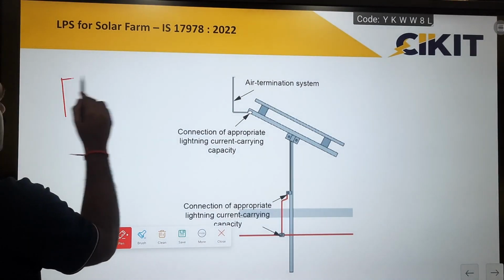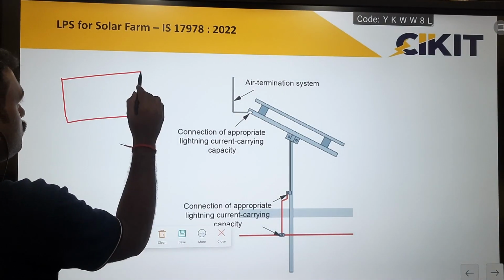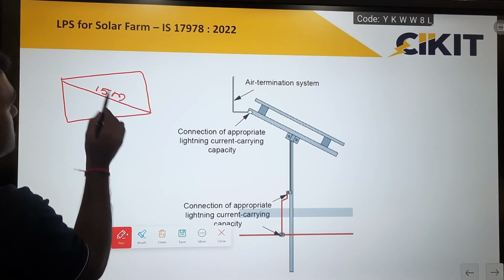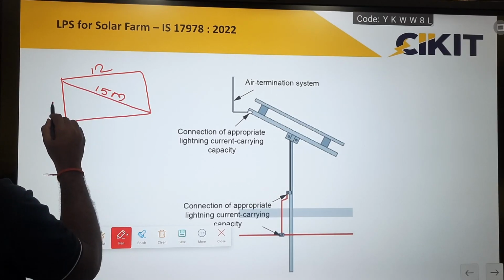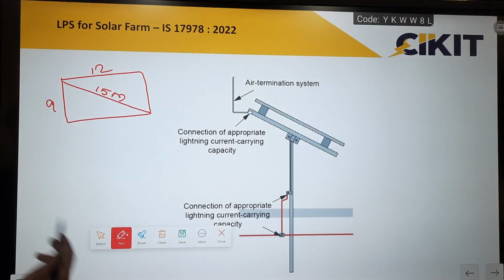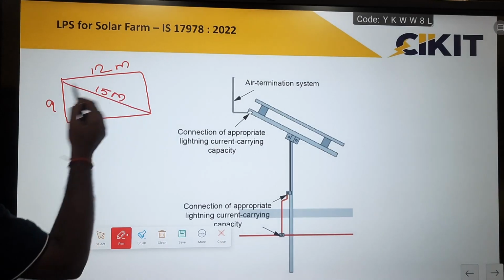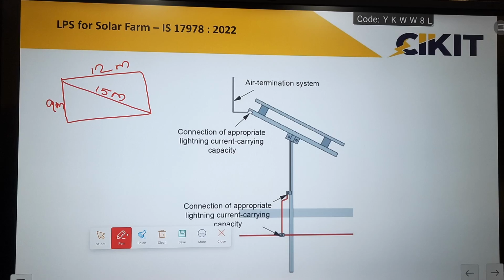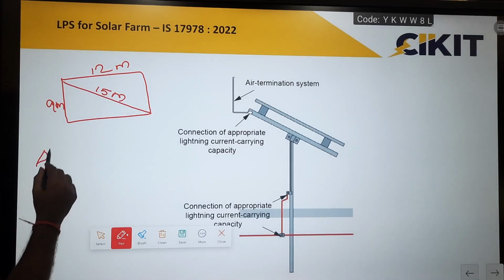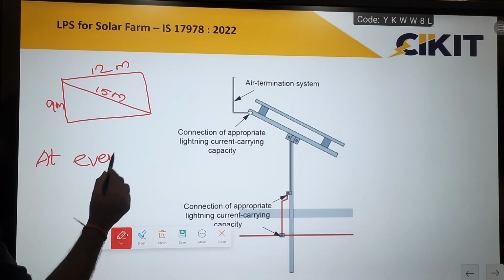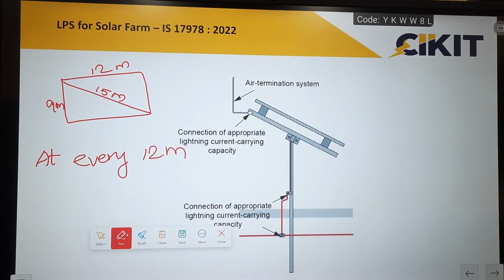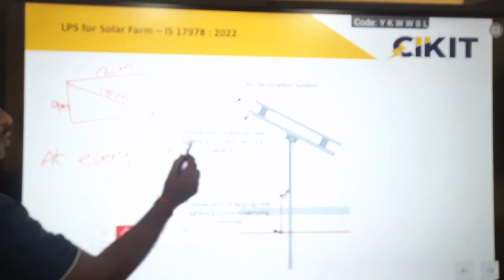If the length is 12 meters and the width is 9 meters, the diagonal will be approximately 15 meters. Which means that at every 12 meters, I have to provide one vertical air terminal, if I am going for the rolling sphere method as per NBC 2016 recommendations.